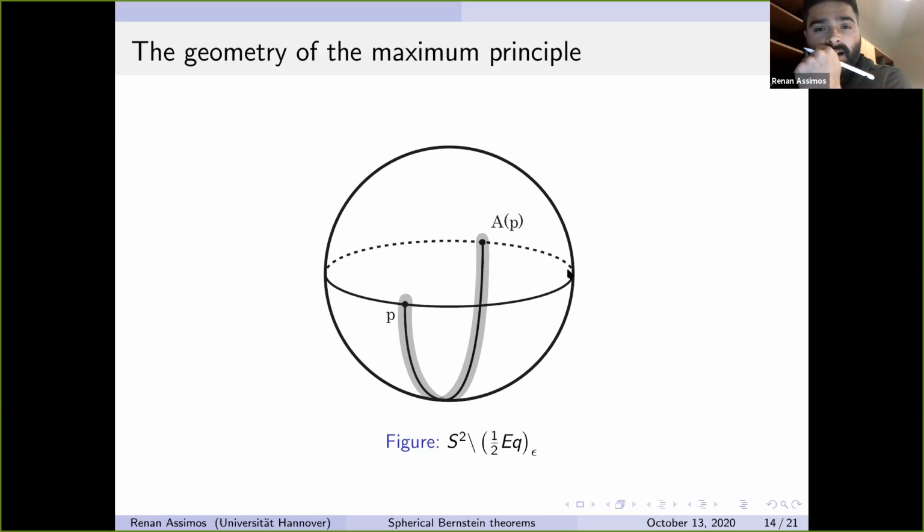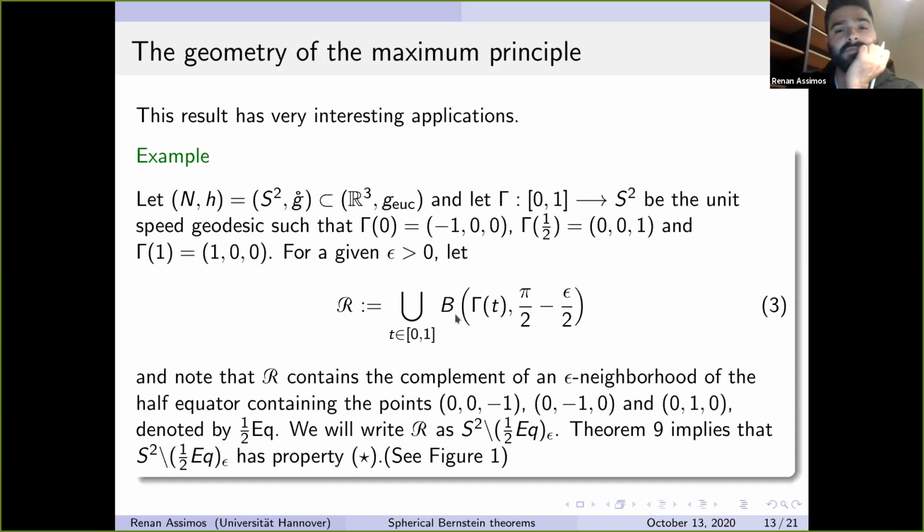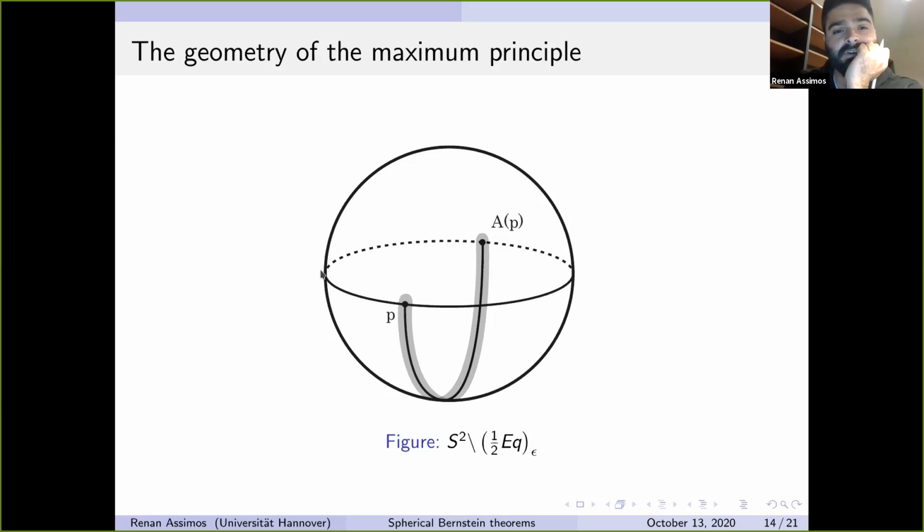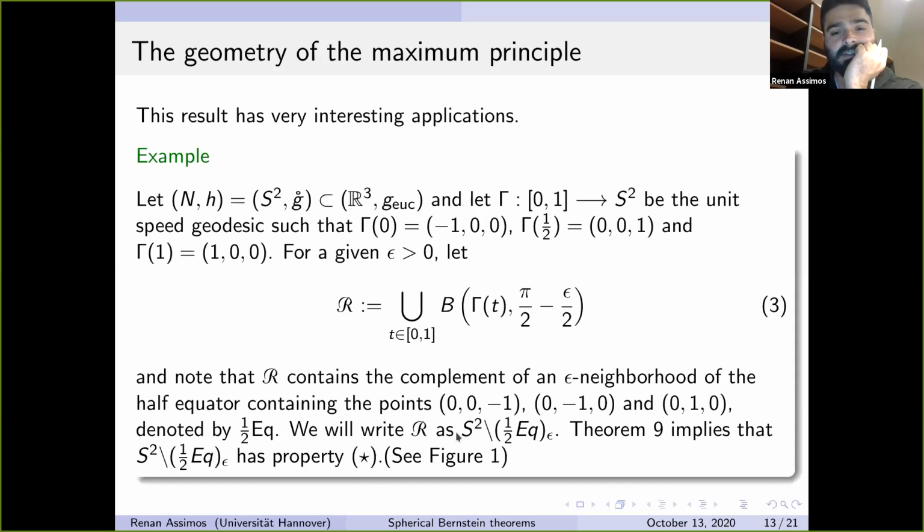If we define R to be exactly this family of balls, you can see that we take balls that enter this gray region here, but they don't touch the black line. And then I take the union over everybody. Then my region R contains S2 minus an epsilon neighborhood of the half equator.